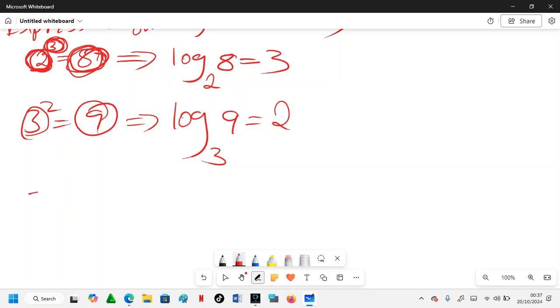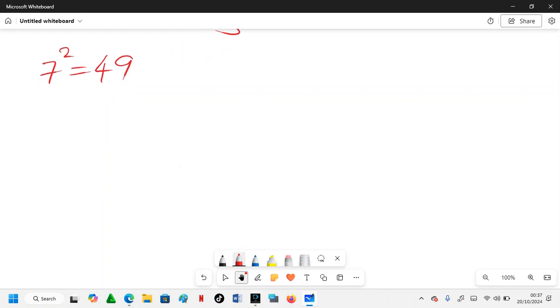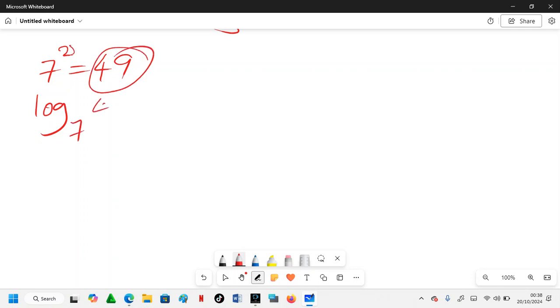Let's say another example, 7 to power 2 is equal to 49. If 7 to power 2 is equal to 49, then we can say the log to base 7 of 49 is equal to 2.